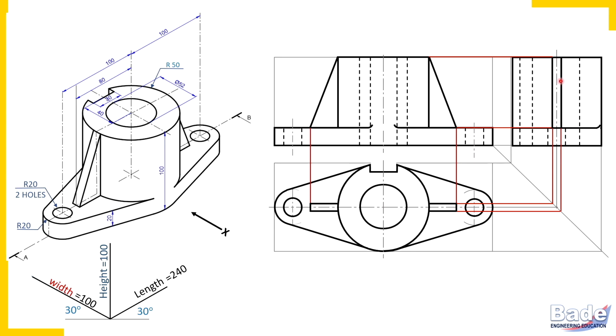So this is the triangular plate which is visible from the left side, and there is a hidden triangular plate which overlaps with this. So corresponding dotted lines now will not appear here because dotted lines for the triangular plate overlap with the visible plate. Okay, so this is how we have completed the entire drawing.